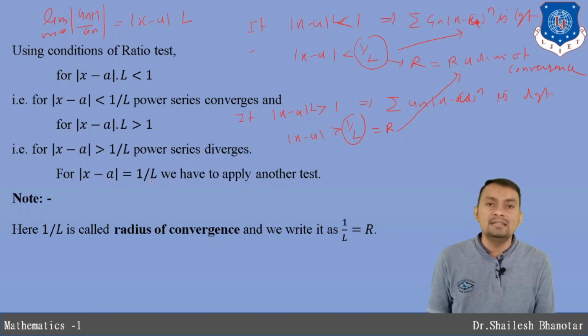In the last case, x minus a into L is equal to 1. From this we can say that the test has failed, which means further investigation is required, that is, we have to apply another test. And here 1 divided by L, I have said that r is nothing but the radius of convergence, so we write 1 divided by L equals r.